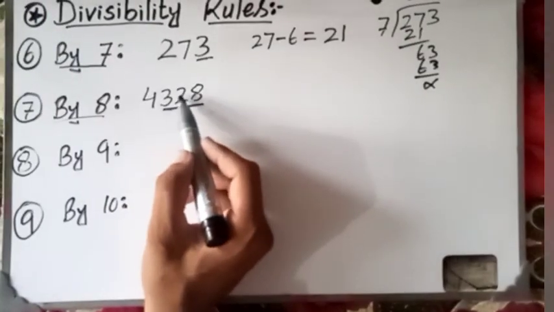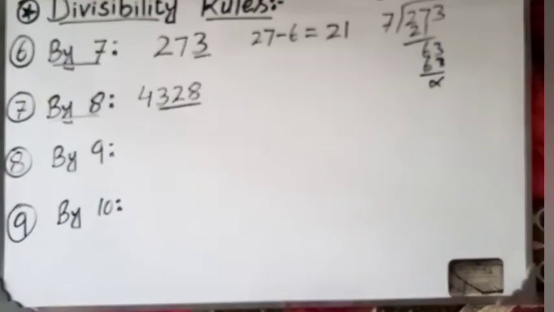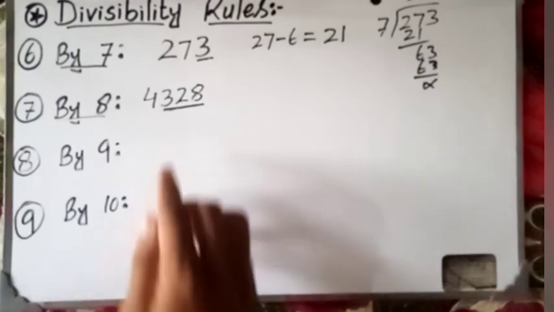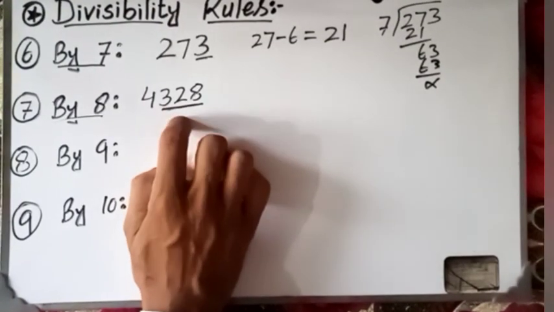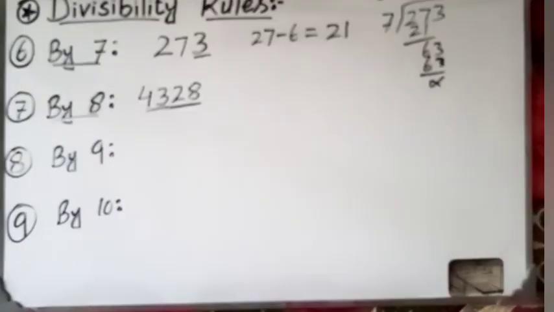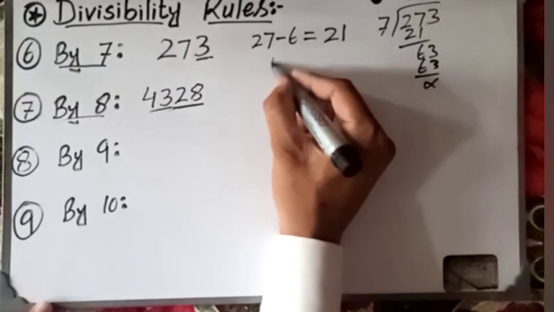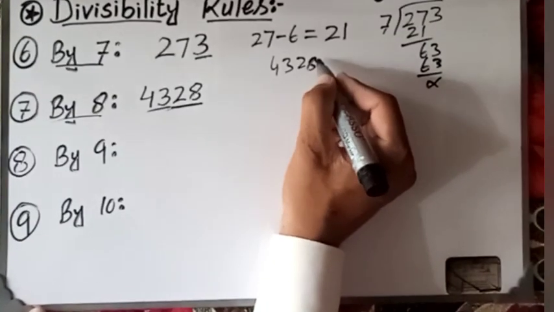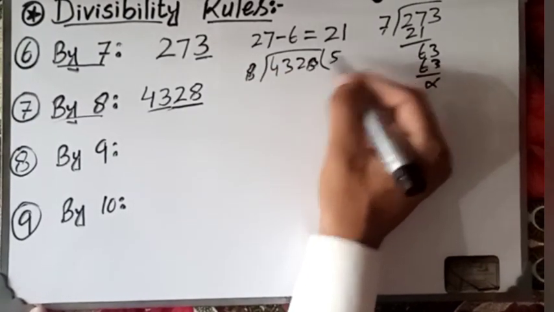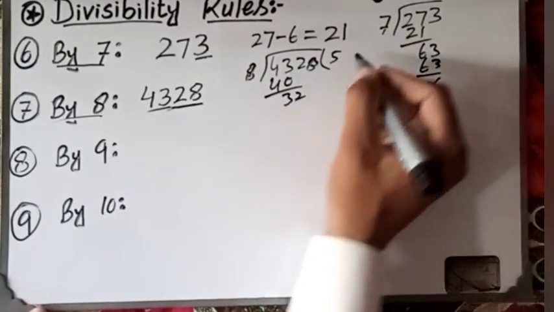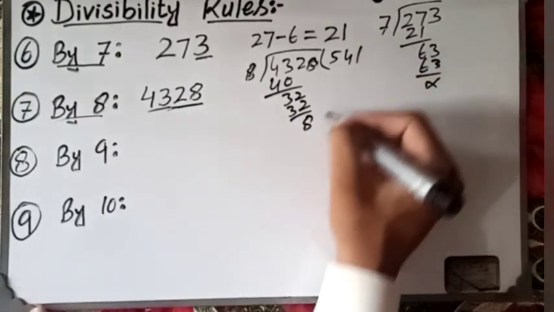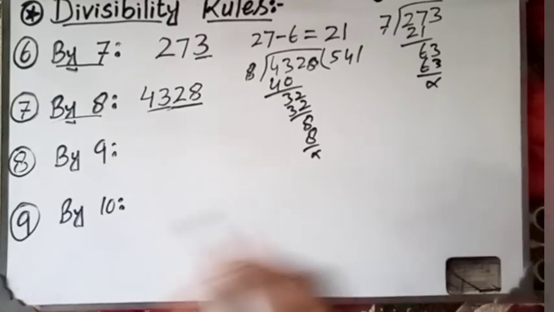It is, because 8 times 41 is 328. So if the number formed by the last 3 digits is divisible by 8, then the full number is divisible by 8 as well.